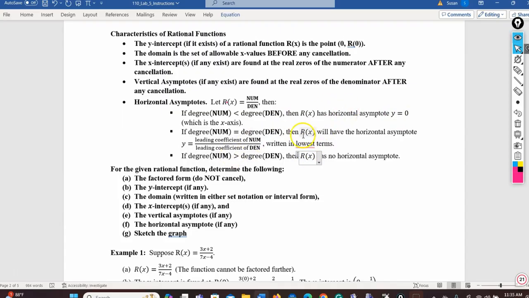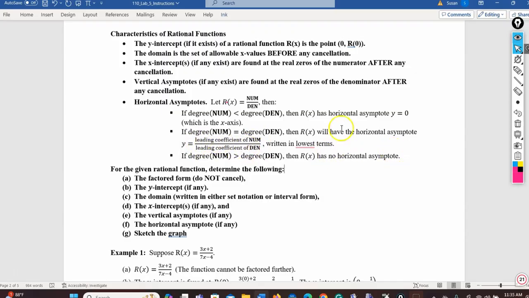If the degree of the numerator and the degree of the denominator are the same, we will have a horizontal asymptote, and its equation will be y equals a fraction with the leading coefficient of the numerator in the top and the leading coefficient of the denominator in the bottom. And you want to put that in lowest form.